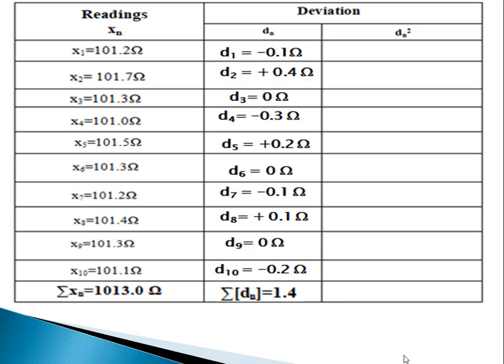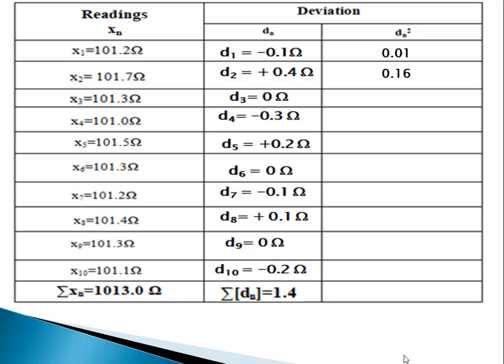Before that, what we have to do is square the individual deviation values. Now look at here, the value of deviation, that is d1, is equal to minus 0.1 ohm. Now what is the squared value of d1? That is 0.01.